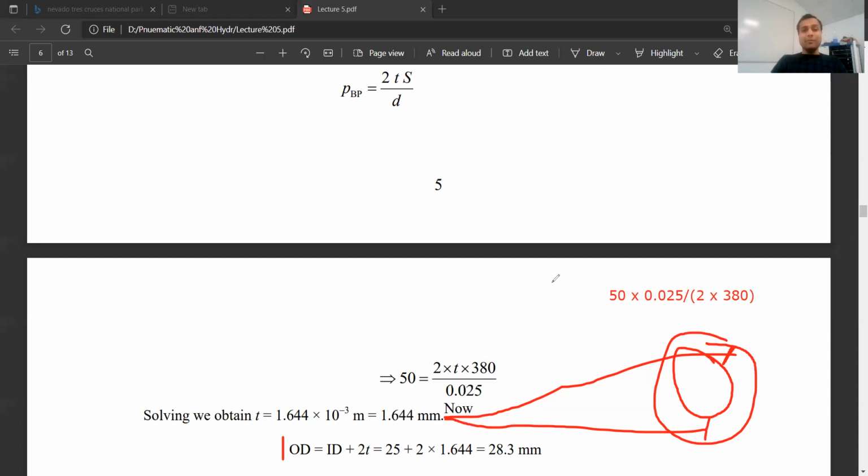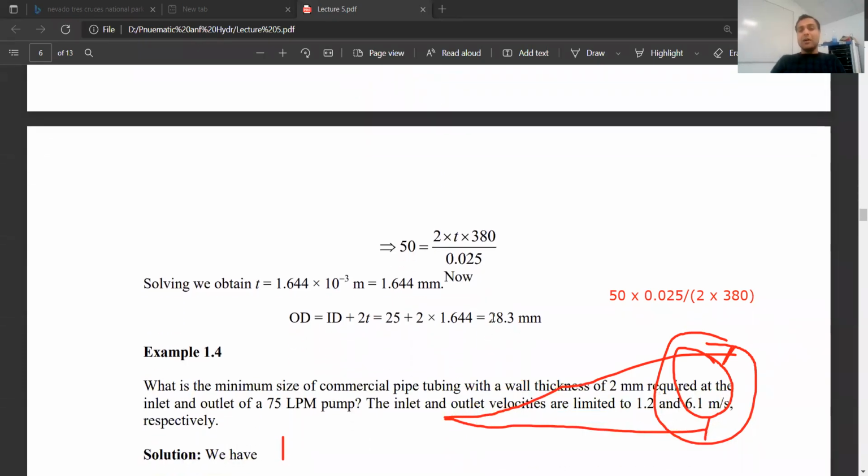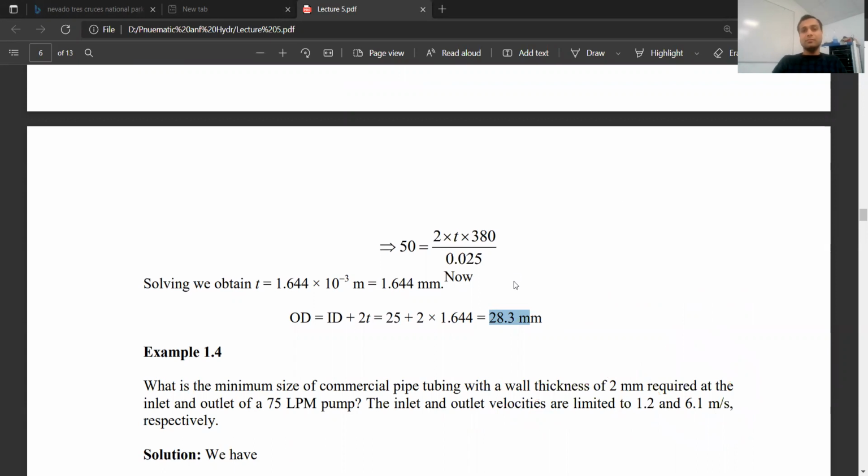Now if you put that in, you will get the value for the outer diameter. If you get a thickness, you can convert the thickness into outer diameter. So 28.3 millimeter. 28.288, so 28.3.